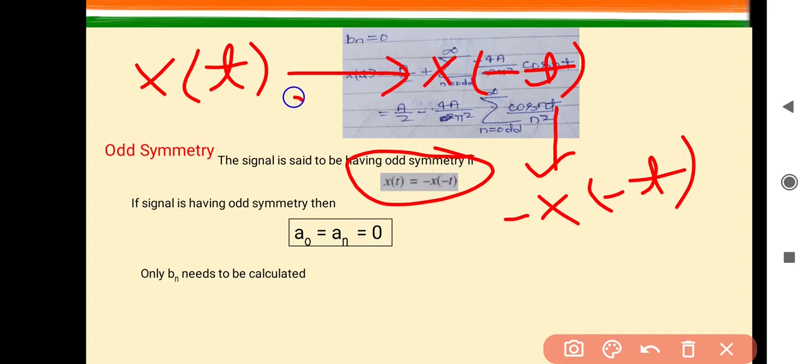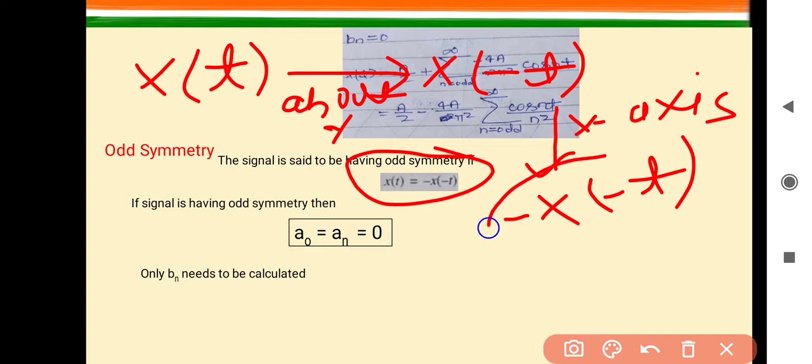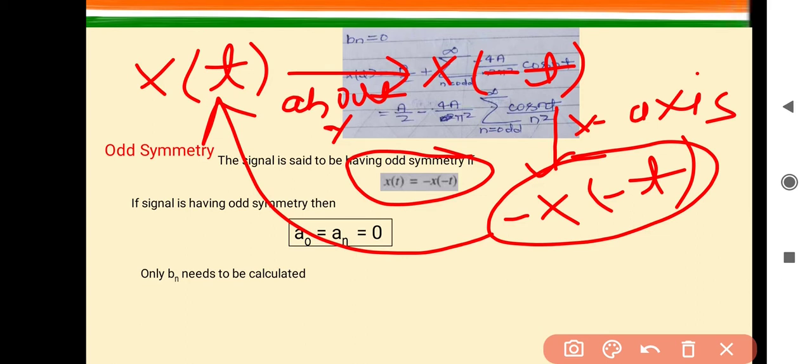Here we will take reversal about the y axis. Again we will take reversal about the x axis, and then after the two reversals, if the signal minus x of minus t is the same as the signal x(t) itself, then we shall identify that the given signal has odd symmetry.